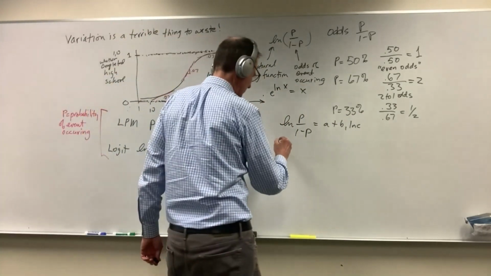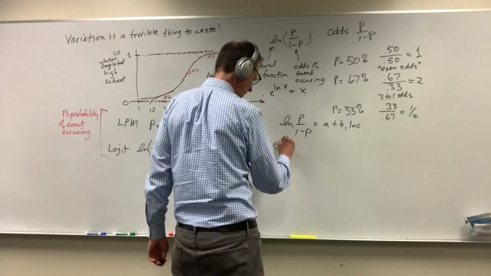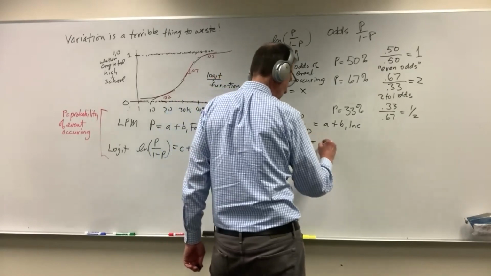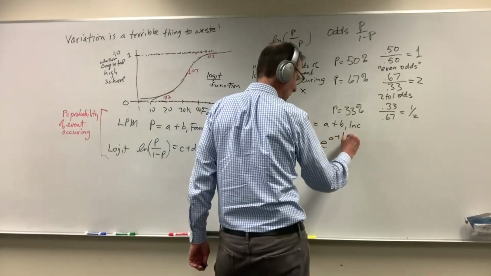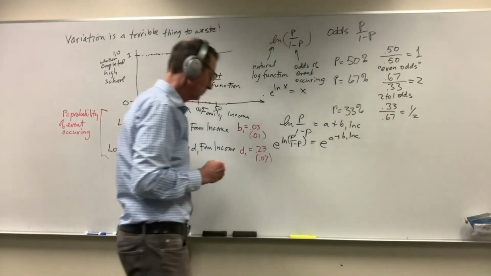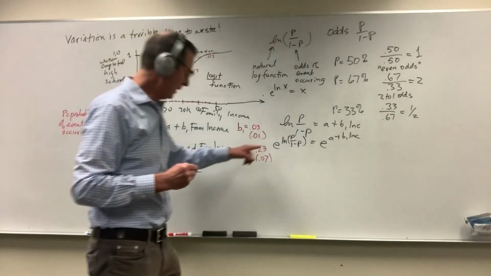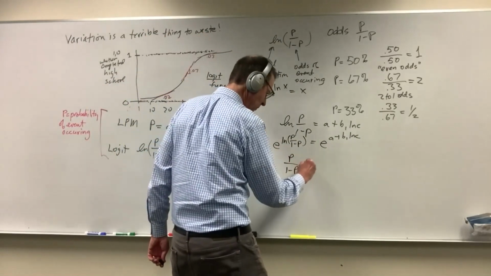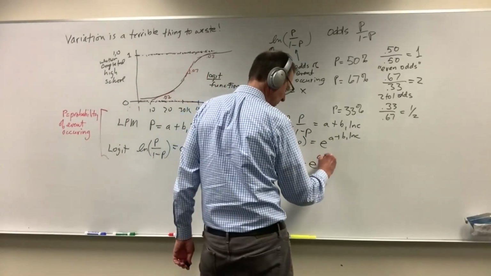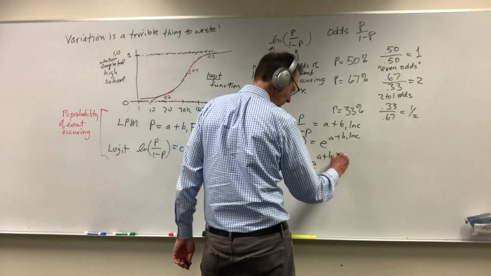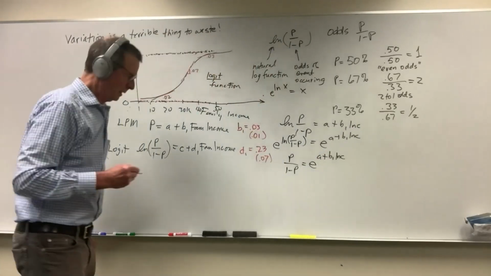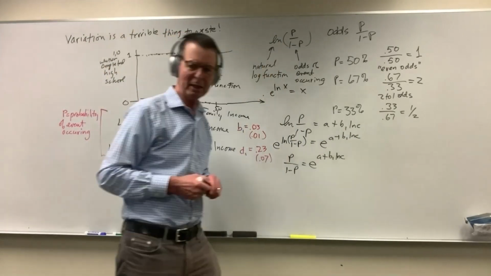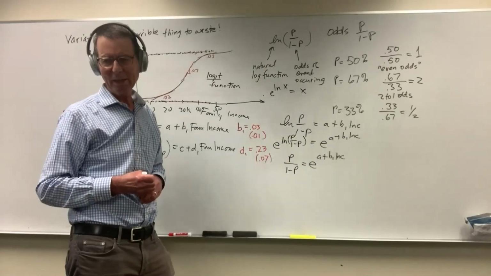So let's take e to the ln(p over 1 minus p) equals e to the a plus b1 income. But e to the log of something is just that thing, which is the odds ratio. So that odds ratio is a function of e to the a plus b1 income. Still not getting clearer, is it?